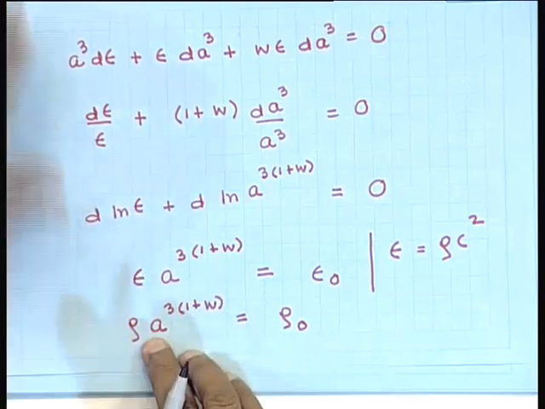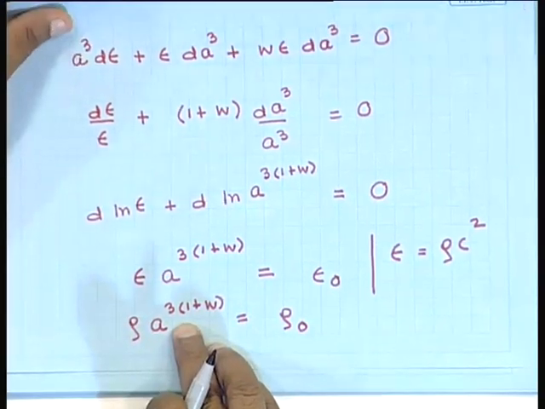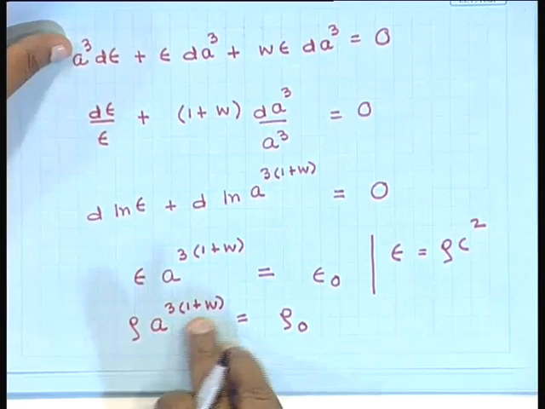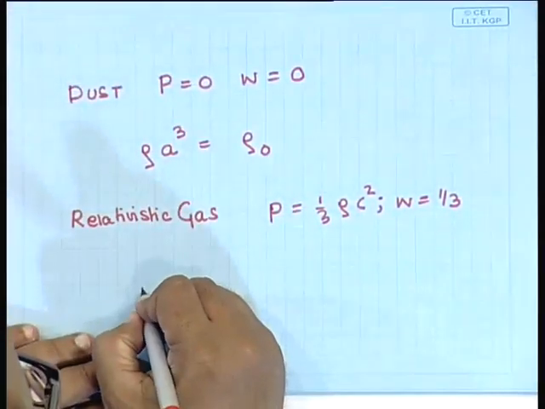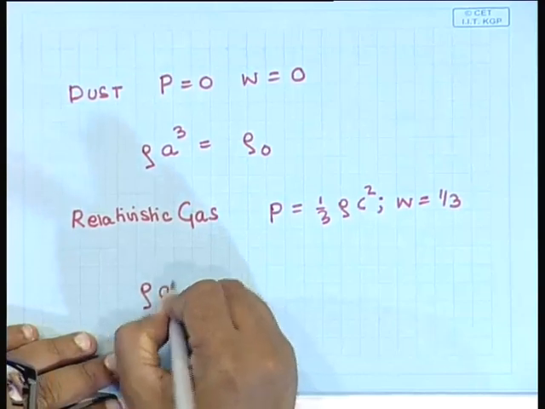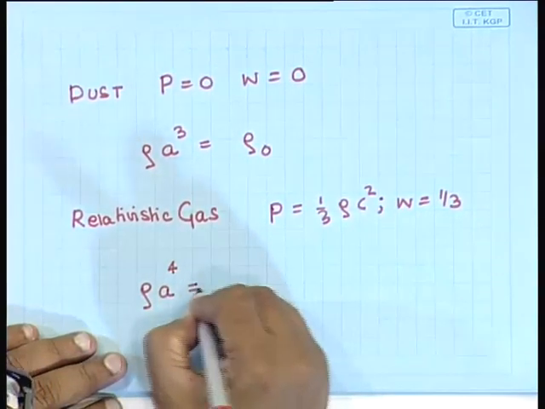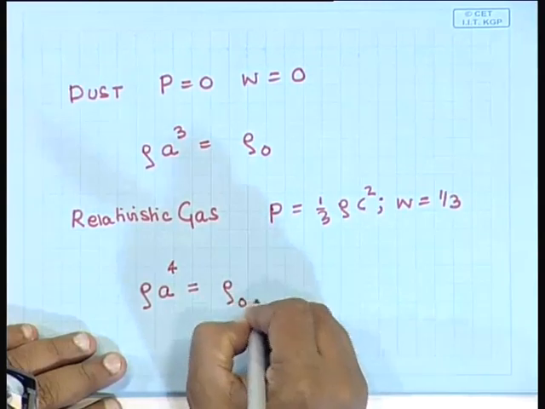So, it tells us that rho into A to the power 4 is a constant if W is 1/3. So, in this case we have rho A to the power 4 is equal to rho naught.